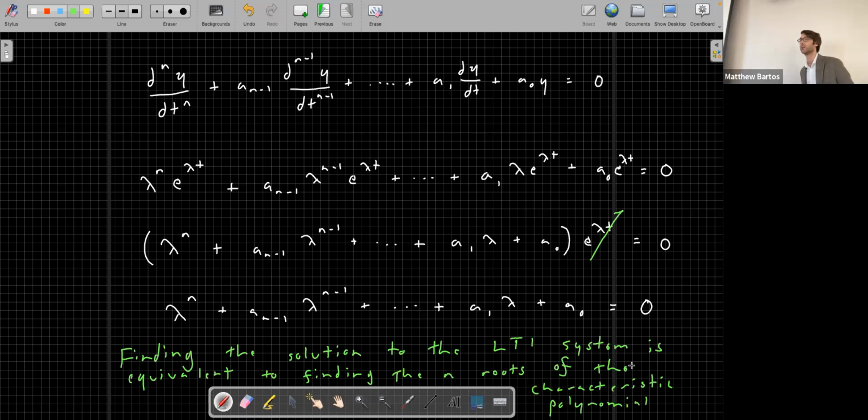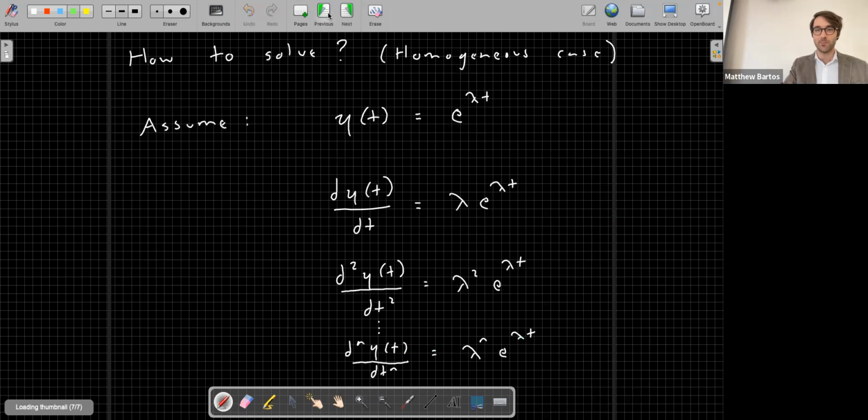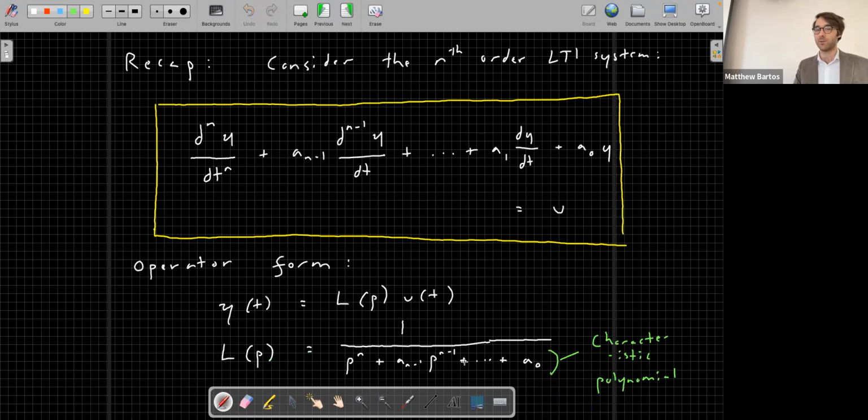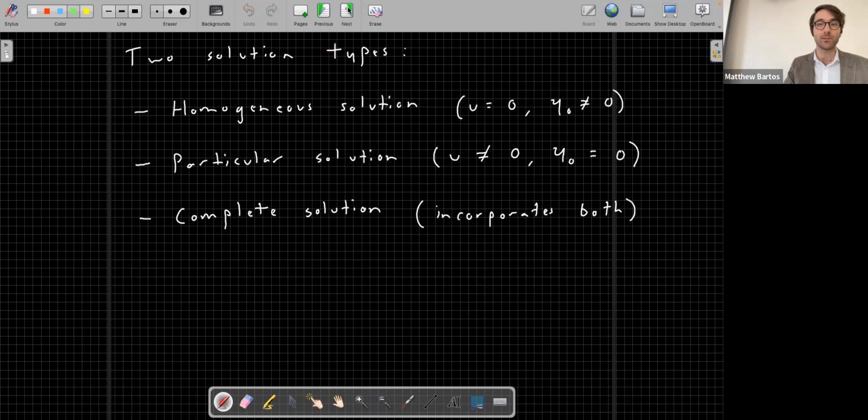Okay, very good. And just as a quick note, this equation here is the exact same as the denominator here. So this is the same as the characteristic polynomial. I just wanted to point that out.